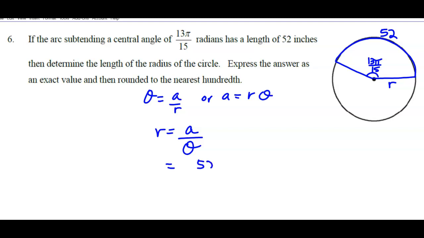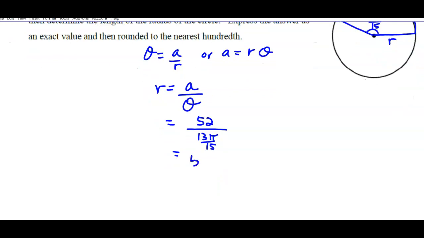A is 52. Theta is 13 pi over 15. It says exact value first. So that's going to be 52 times 15 over 13 pi. The pi is now in the denominator. Don't be lazy and put it in the numerator by mistake. Okay?